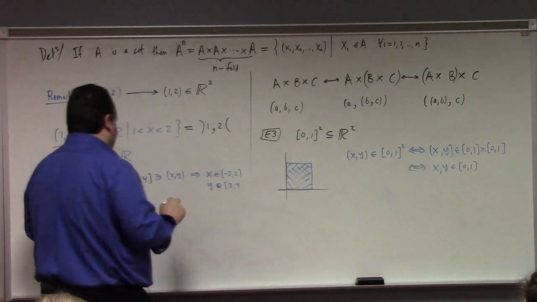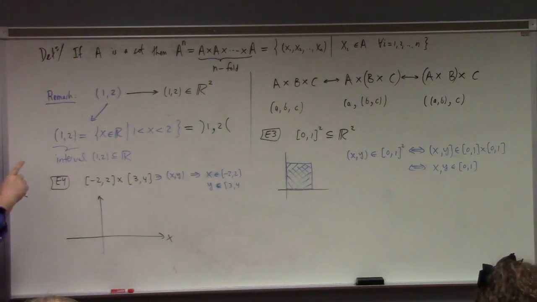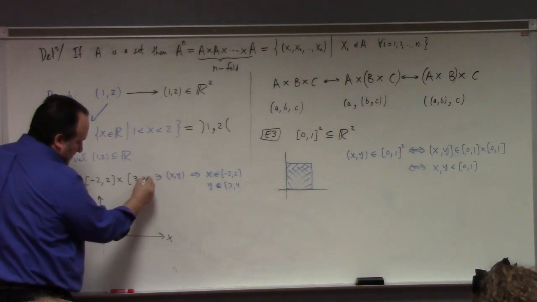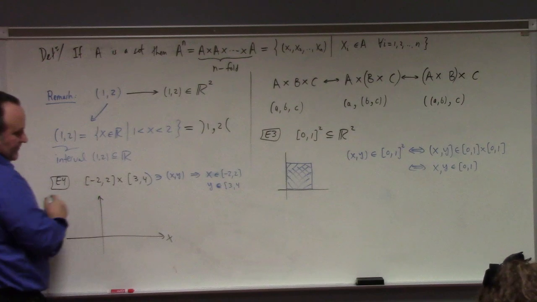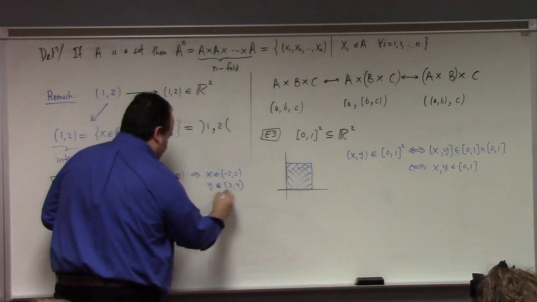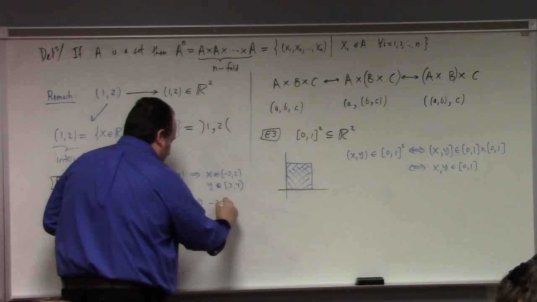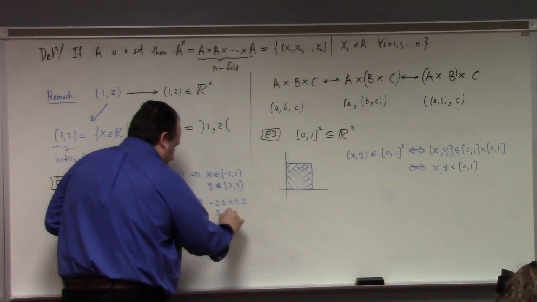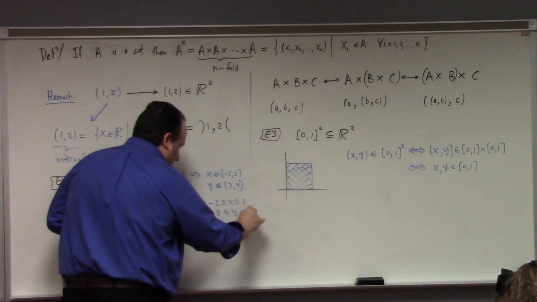Let me make this slightly more interesting. Let's fuzzify the 4. We'll make this 4 not included. So what do we got? Minus 2 less than or equal to x less than or equal to 2, and 3 less than or equal to y strictly less than 4.